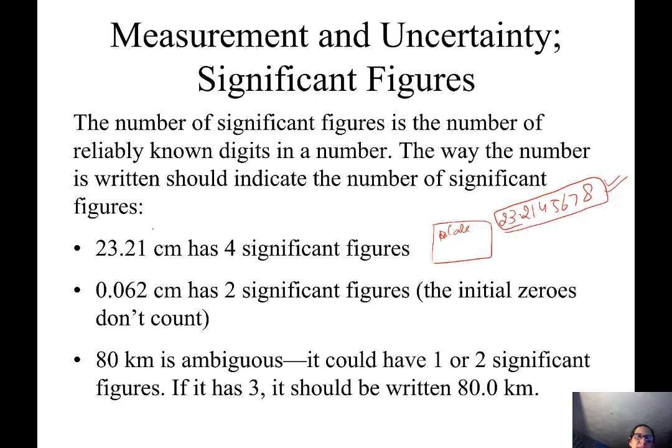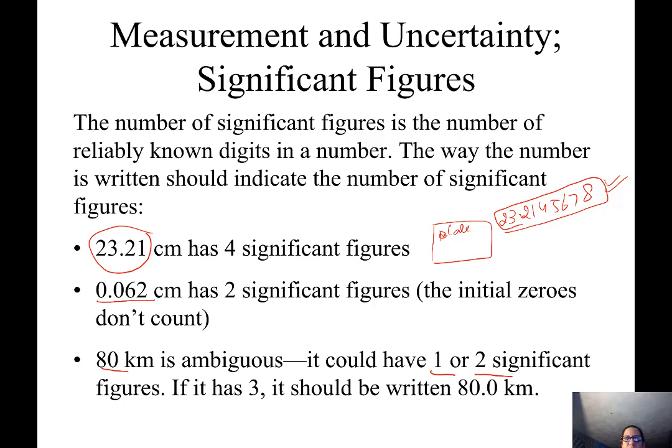So for example, let me tell you the significant figures here: 20, 4. All of them are significant, but in this case we just have 2 sig figs. The 0 before the 6 is not significant, and in 80 kilometers it's ambiguous. It could have either 1 or 2 significant figures.